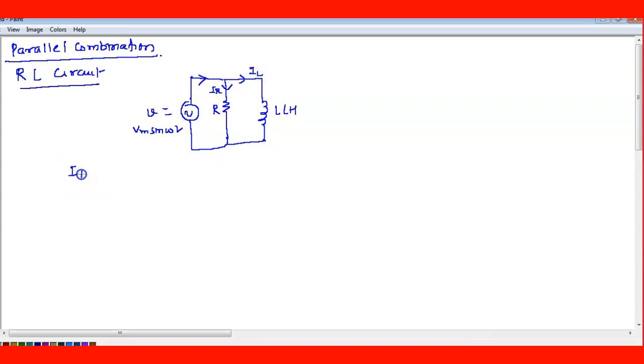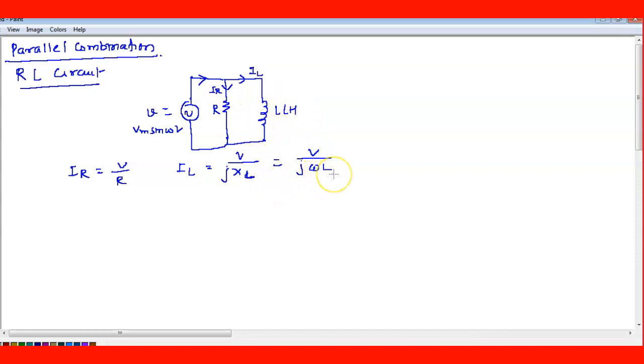You know that IR is equal to V by R, and IL is equal to V by J into X, because this is the imaginary part. Here XL, because this is a coil and we have taken an inductance, not a capacitor, so XL is omega L.